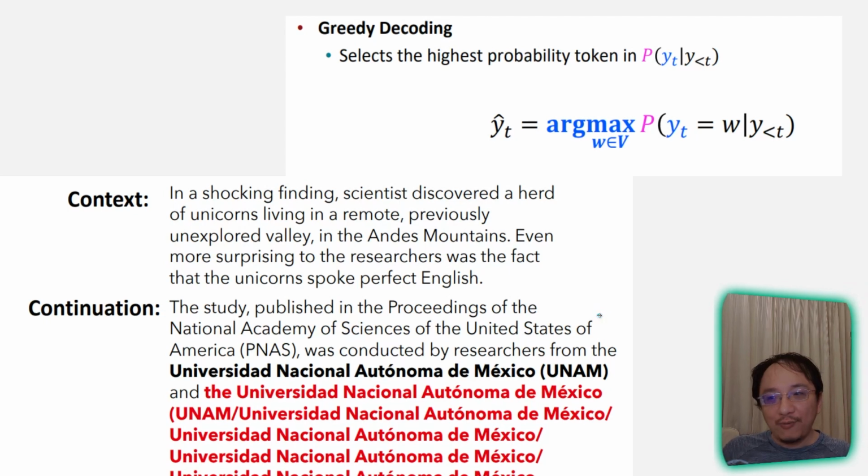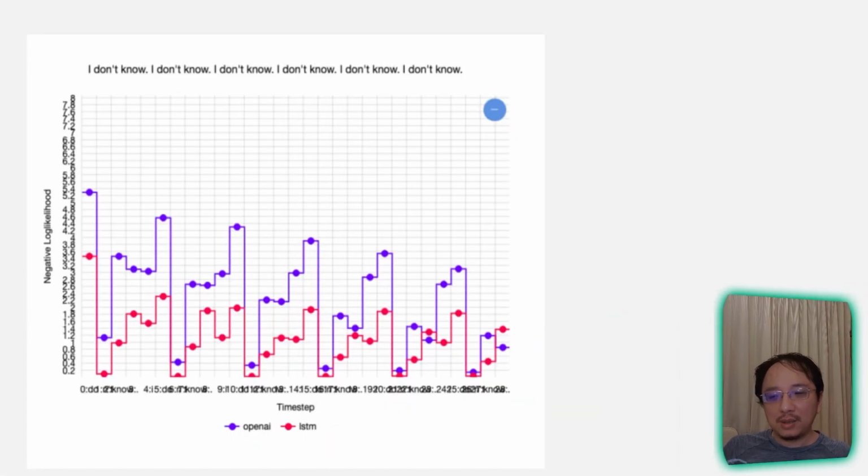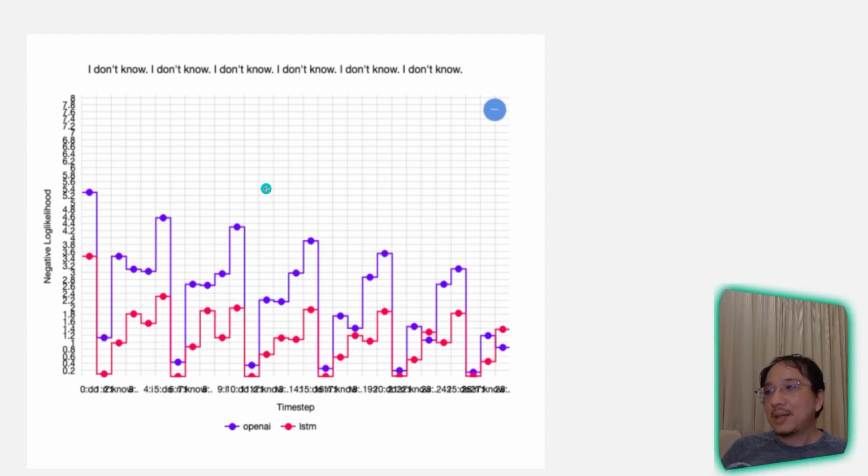So how do we avoid it? Why does this situation happen? One reason is that suppose you already generated "I don't know" twice. This makes a pattern, so it makes more sense to generate the third "I don't know", because we are generating in an auto-regressive way.